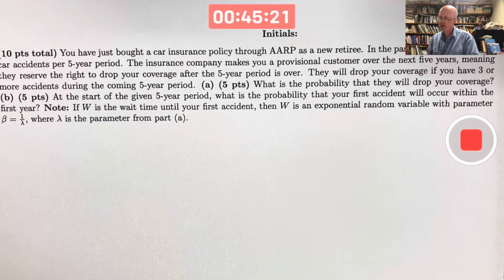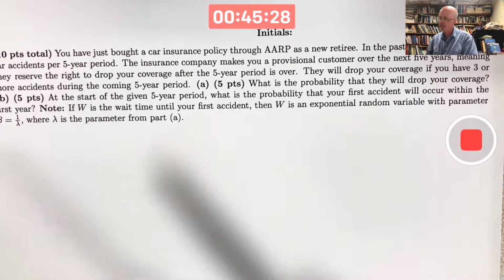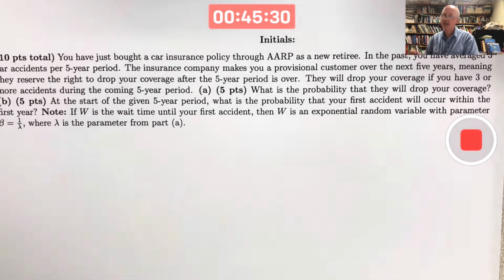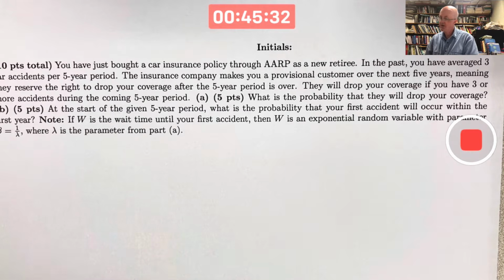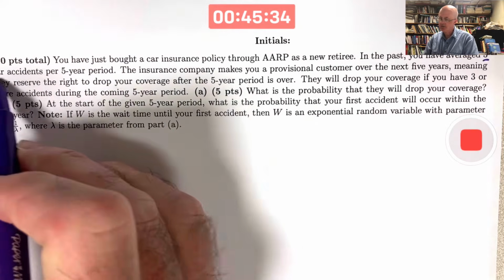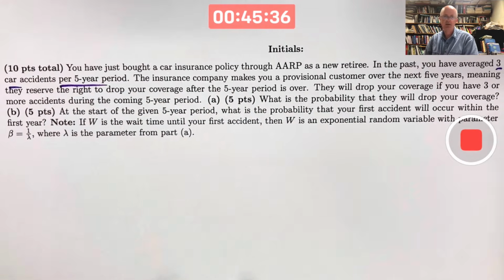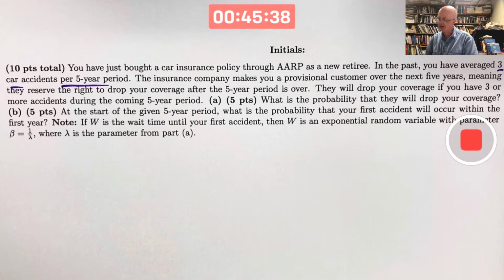You have just bought a car insurance policy through AARP, which is the American Association of Retired Persons. Yes, you're a new retiree. In the past, I'm not saying this is true in the future, you have averaged 3 car accidents over any 5-year period. Okay, it's just been your average, and you're trying to get some sort of 5-year policy, evidently. Not saying anything about how severe the accidents are, just saying there are 3 accidents.